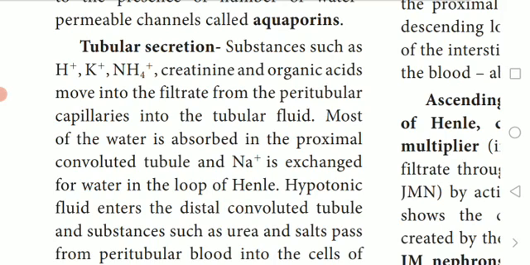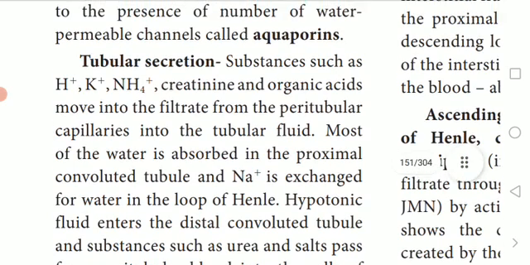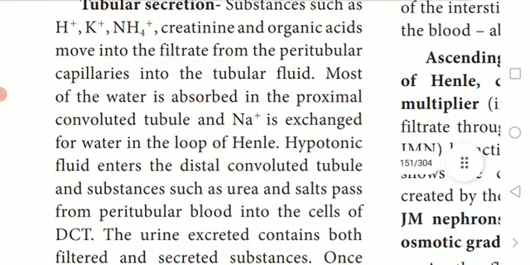Here, the substances which escaped from filtration in the PCT, DCT, and loop of Henle are handled by certain hormones. That is because of tubular secretion.